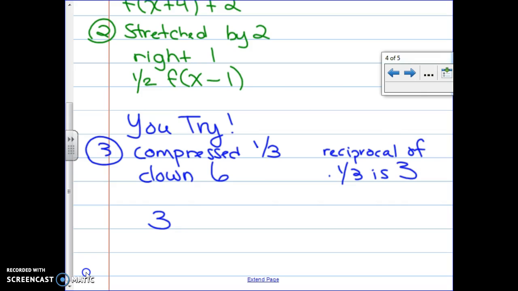Remember, a tells you whether your graph stretches or compresses. Then I write f of x, and I'm going to close my parentheses because I don't have any horizontal translations like left to right. I only have a translation that moves it down. So I close my parentheses, and minus 6 will move my graph down 6 units.